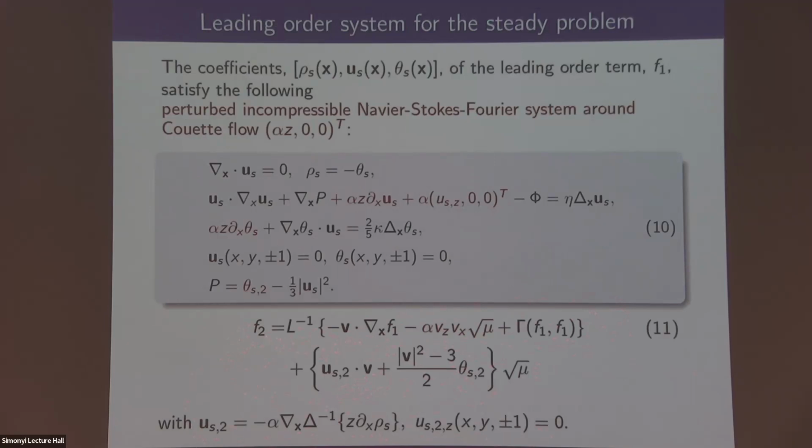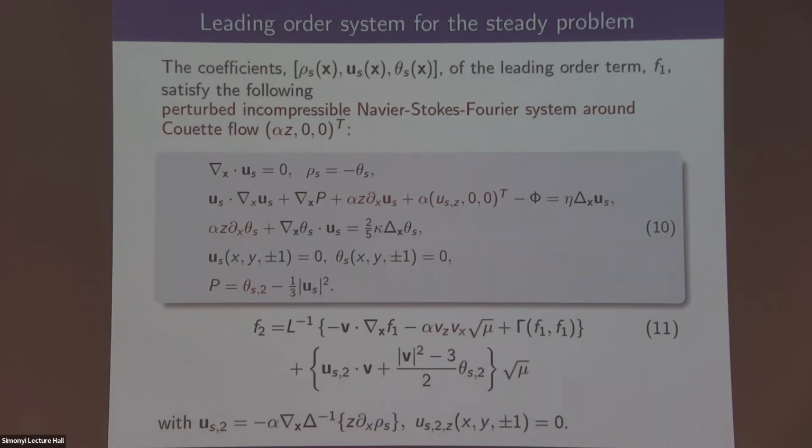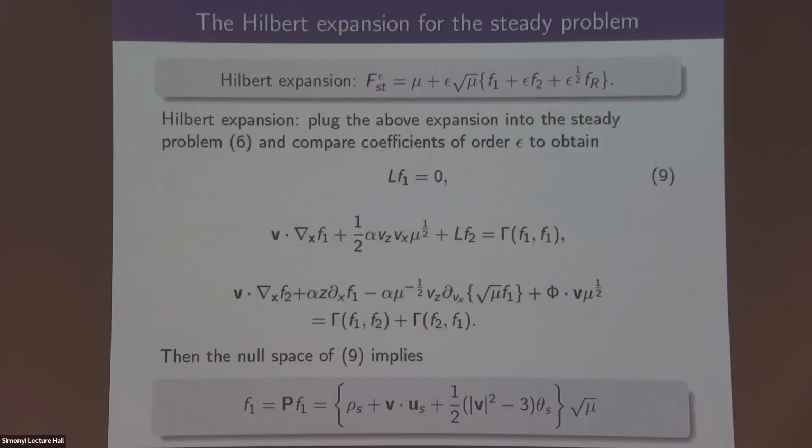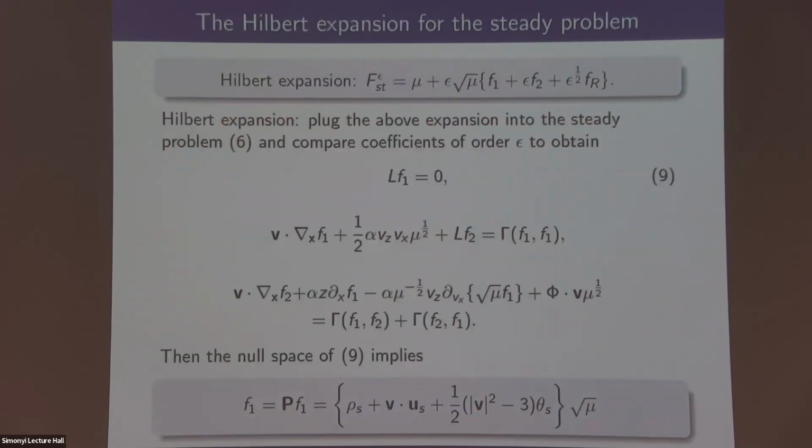You can plug in F1 here to everything in this form, and you can calculate all of this F2 in terms of the fluid variables and moments, and then you plug that into this equation, and you get the Couette flow. So these two fluid equations come out of the third equation right here.